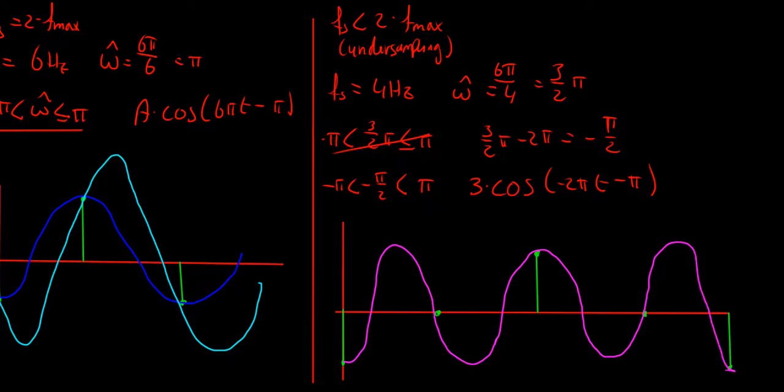Like that, but the actual reconstructed function that we obtain will go like this, because this is the function we can reconstruct with the lowest possible frequency that can pass through these points. So we actually lose information here.